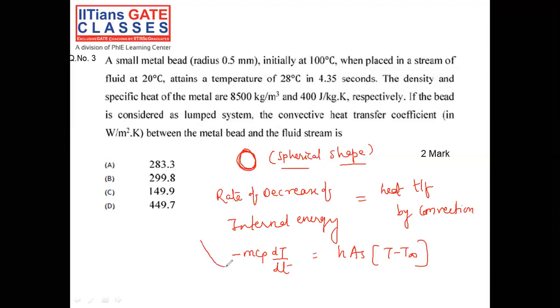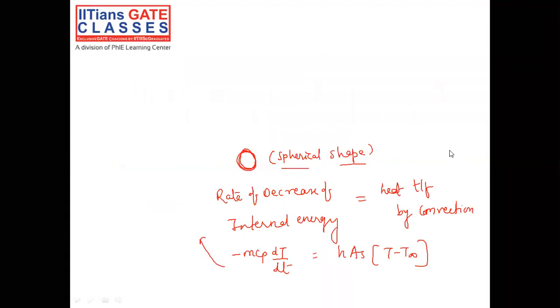Now, we will be doing some amount of integration here. Minus rho V Cp dT by dt equals h As (T minus T infinity). Here we kept the minus because dT by dt is negative; the temperature of the solid body, or the bead, is decreasing with respect to time.